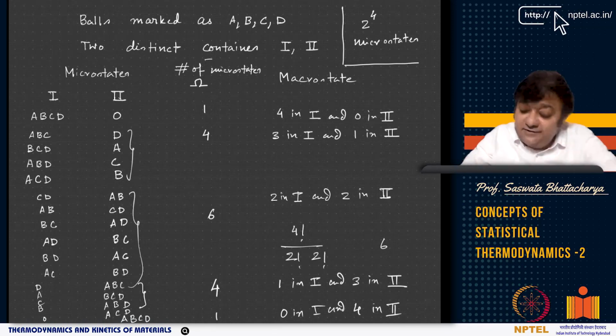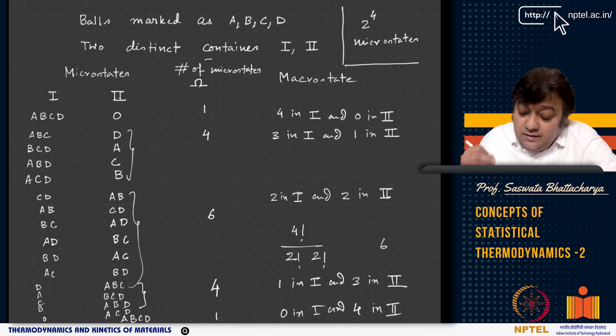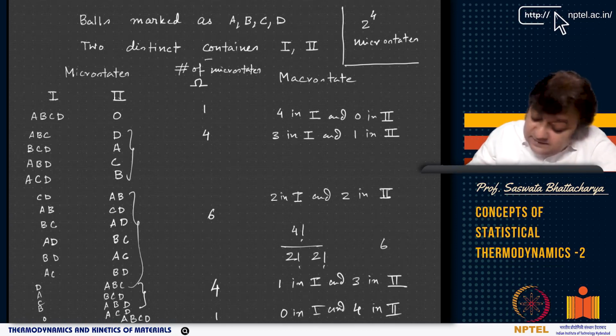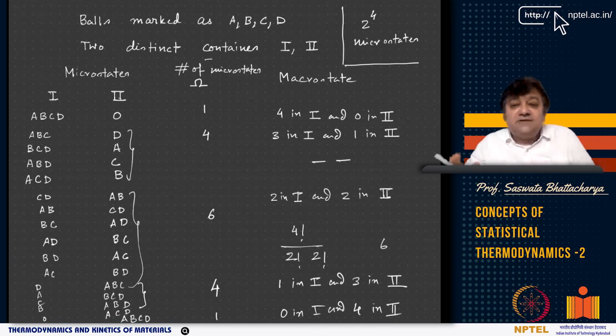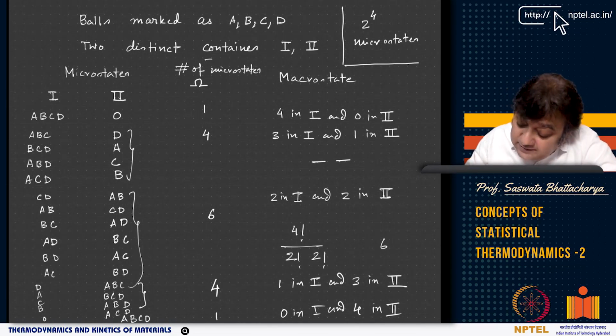So basically, one very interesting thing here is that there are totally 2 to the power 4 microstates, because you have 2 containers or 2 placeholders. For each ball you have only 2 containers, right? So basically you can go either here or here.